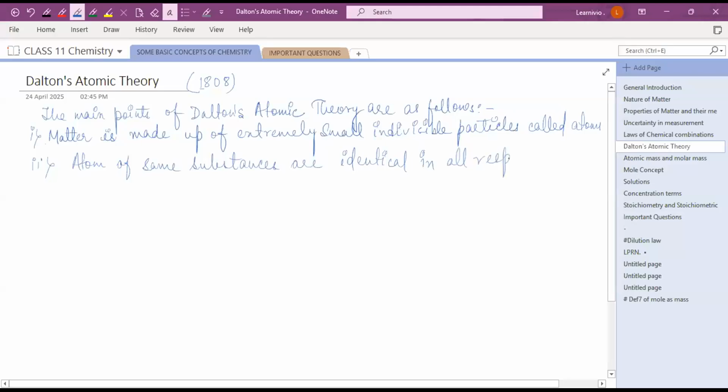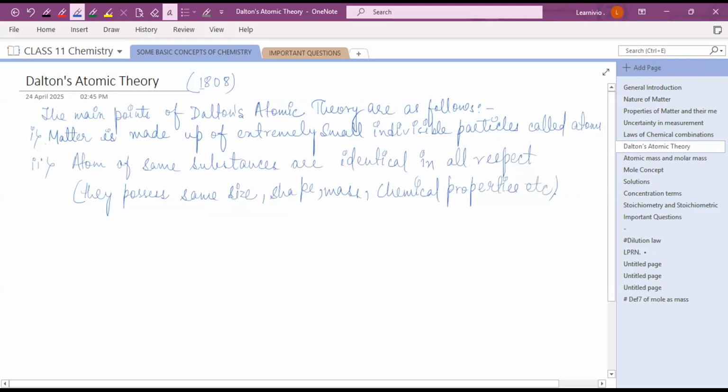In all respects means they possess the same size, shape, mass, and chemical properties, etc. So according to him, all the atoms of the same substance are identical in all respects.